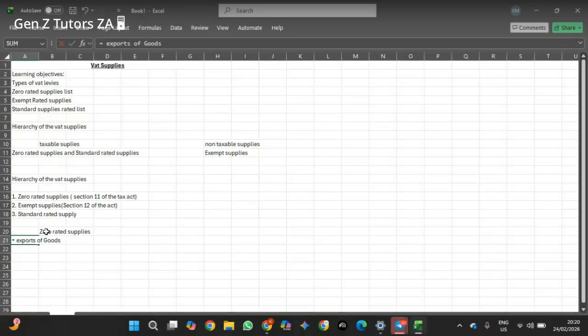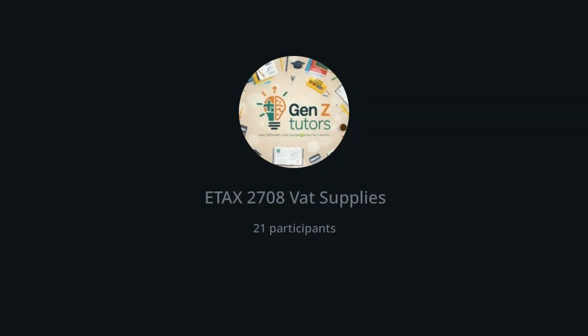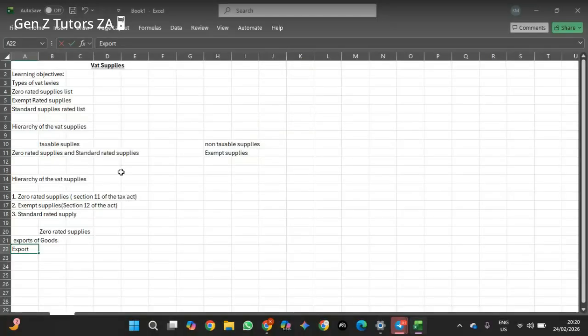and then also going with exports of goods, you've got your export of transportation.